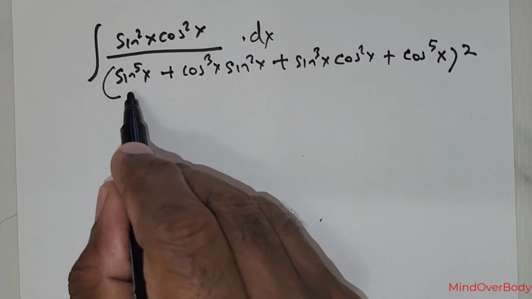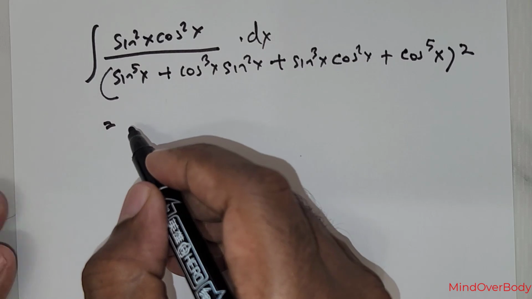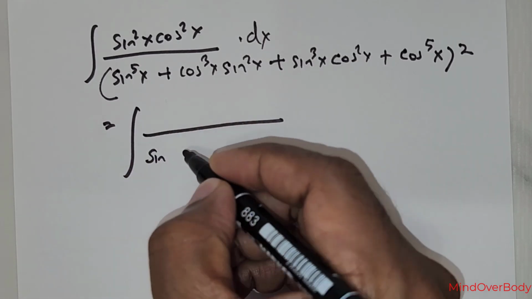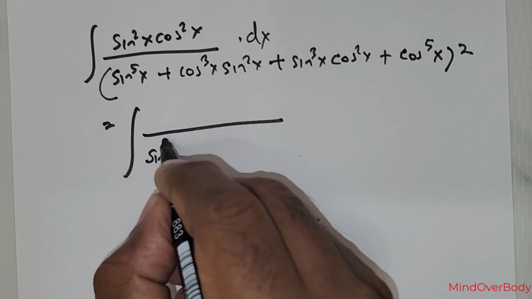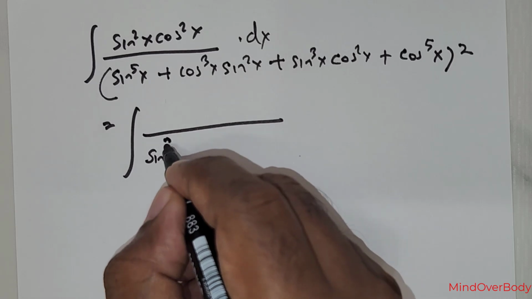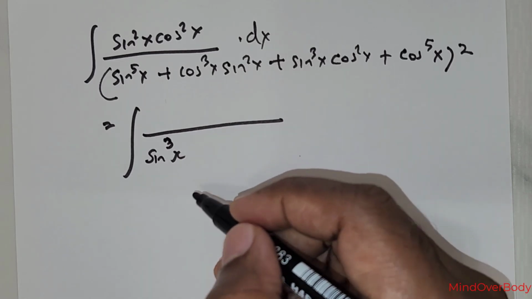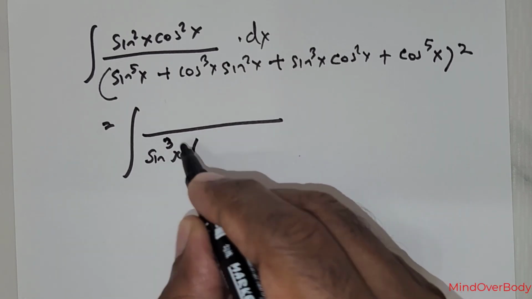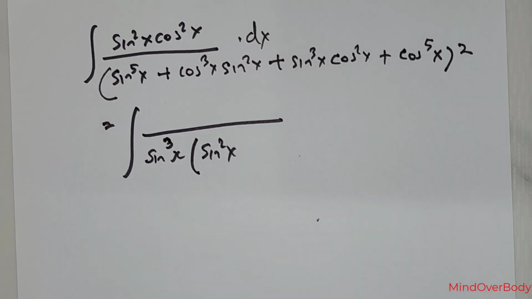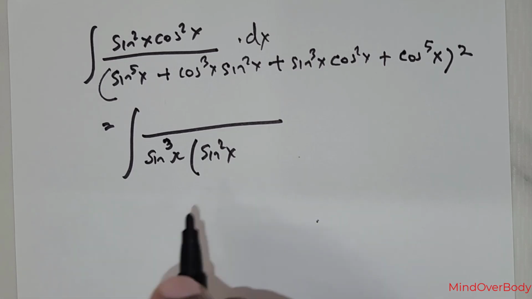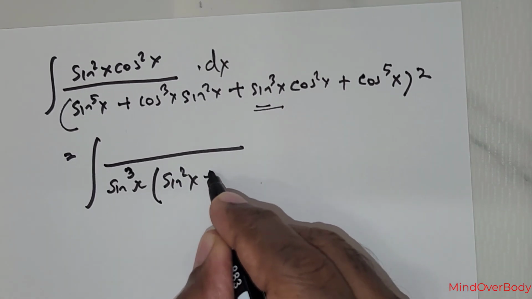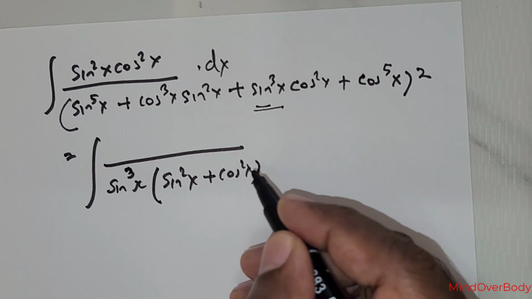Foremost, what I wish to do is take sine cubed x out. That would give me sine squared x, and then this would give me cos squared x.